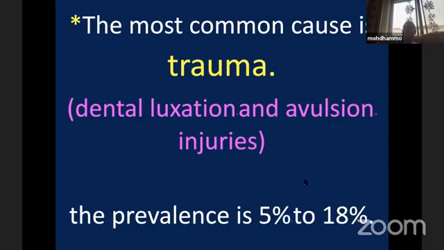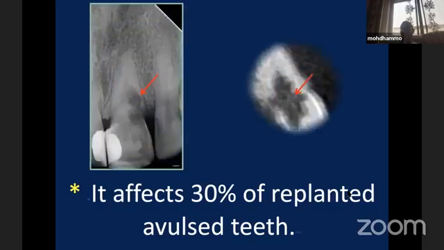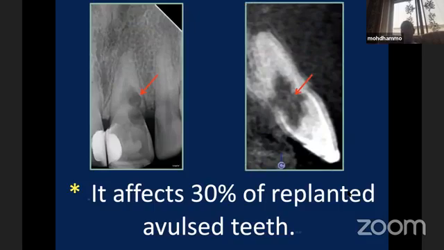The prevalence of inflammatory resorption after luxation is between 5 to 18%, while after an avulsion of a tooth that is replanted, we have a 30% chance of inflammatory resorption like this case.